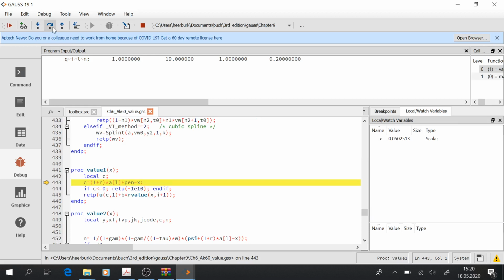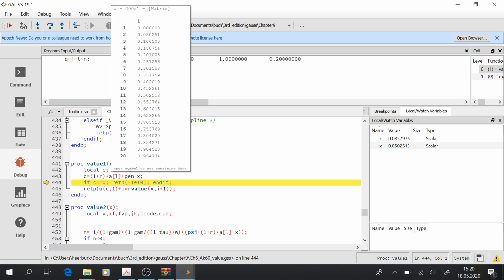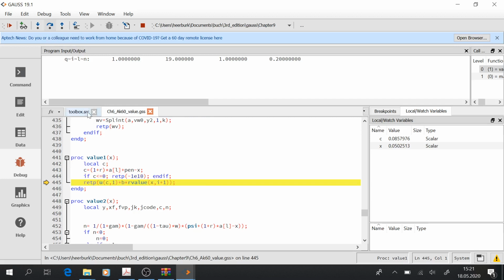We again compute consumption if this period asset is 0.0525, and if next period the wealth at age 60 is also 0.05. Our consumption is larger than 0, so no problem.